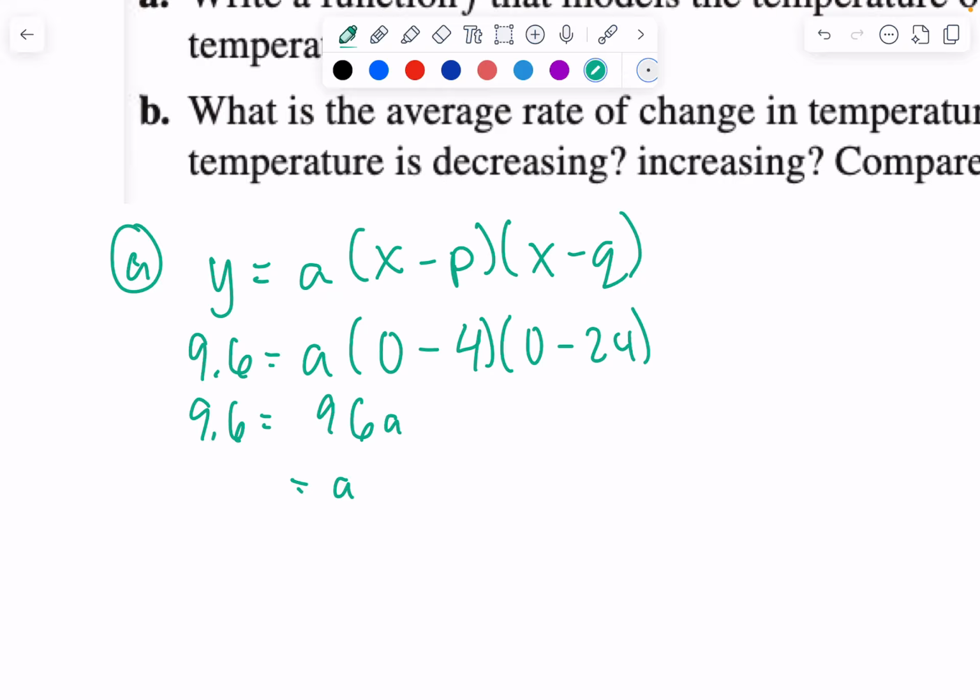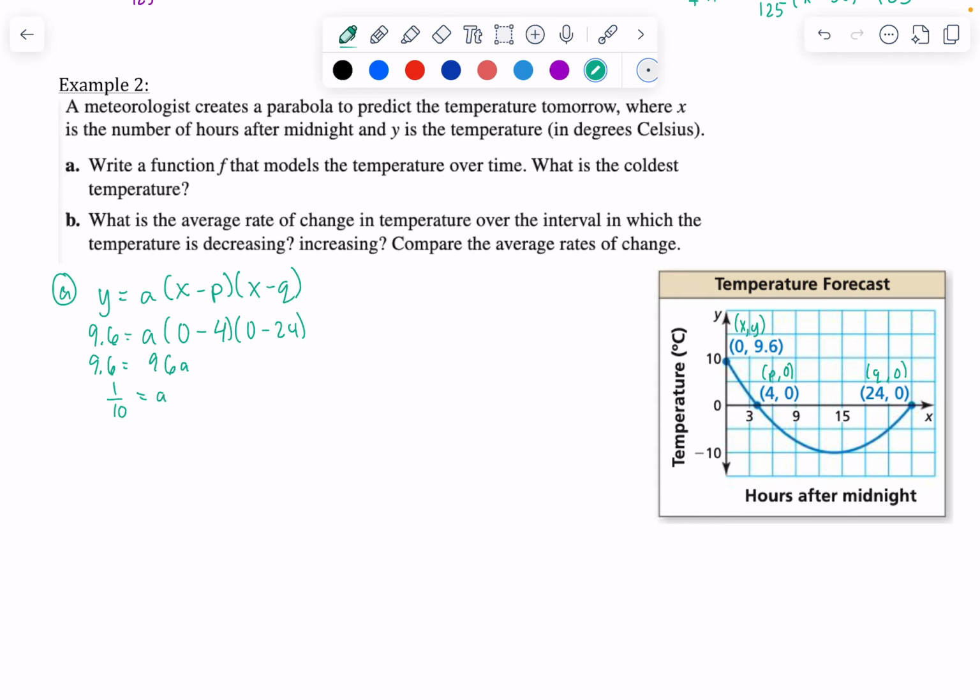Divide on both sides by 96, and you get 1/10 or 0.1. So now I have all the information I need to write the rule. It specifically says write a function f, so I'm going to write it as f of x equals 1/10 times (x minus 4) times (x minus 24). This is the function that models this.